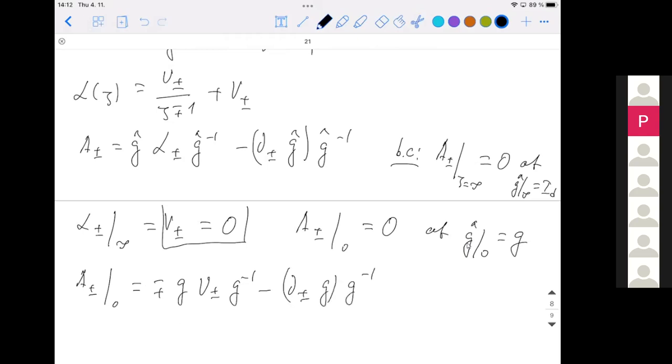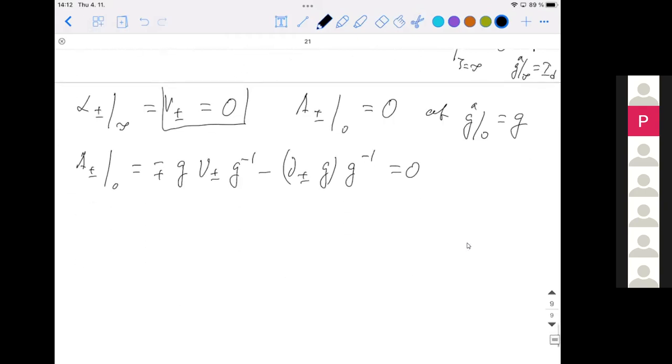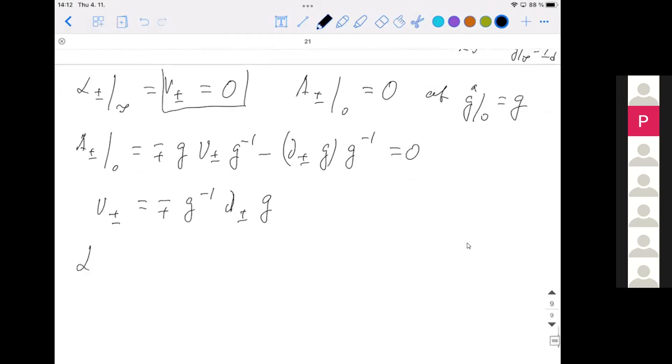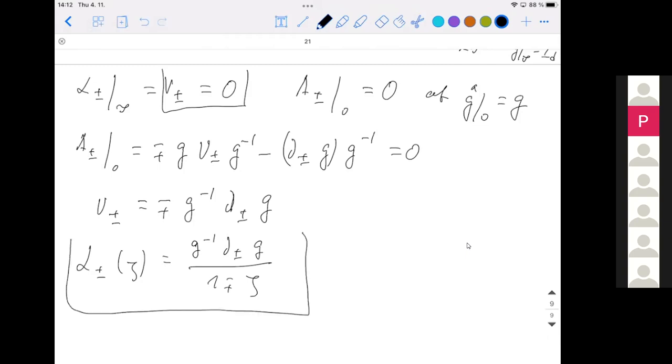This and this. And this is 0. So that just tells us that the U plus minus is this. So finally, you can write this Lax as this, zeta. So this is the Lax.